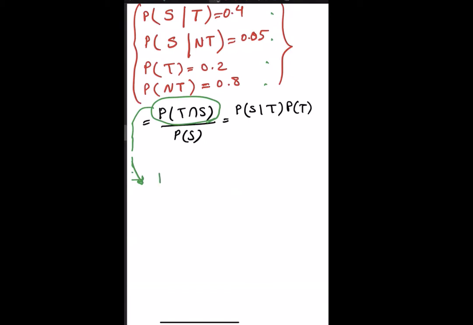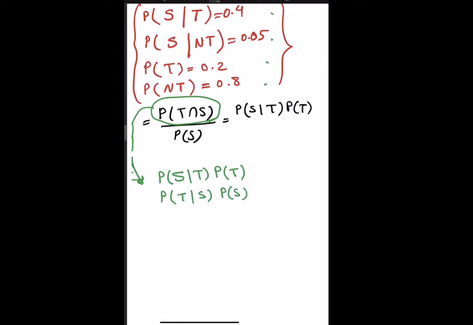You could write it as P of S intersection T, multiplied by probability of T. What is the other way? T given S times S, multiplied by probability of S.